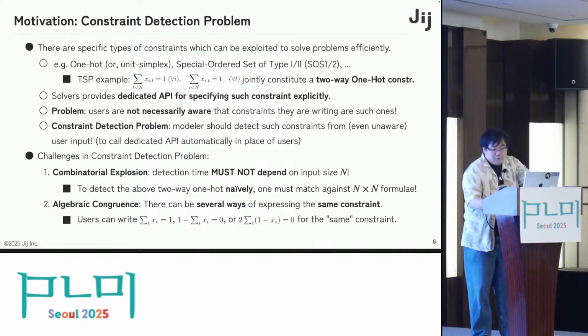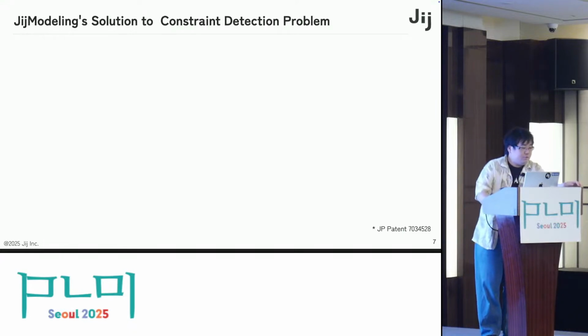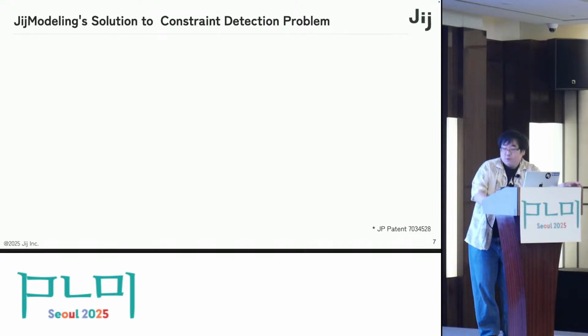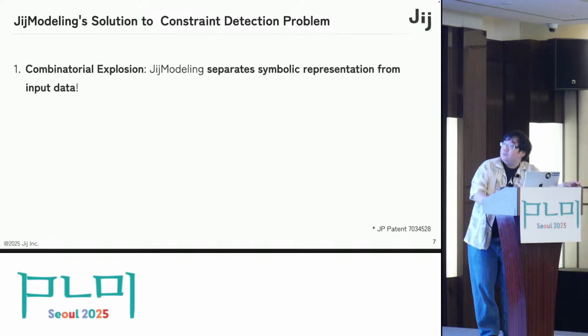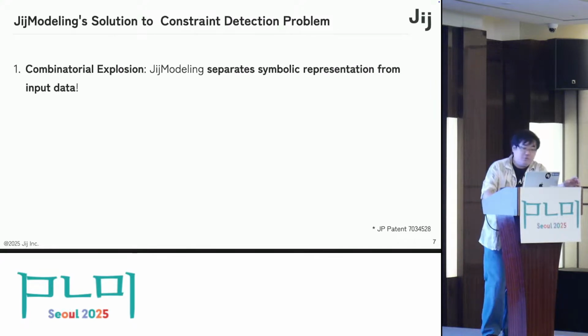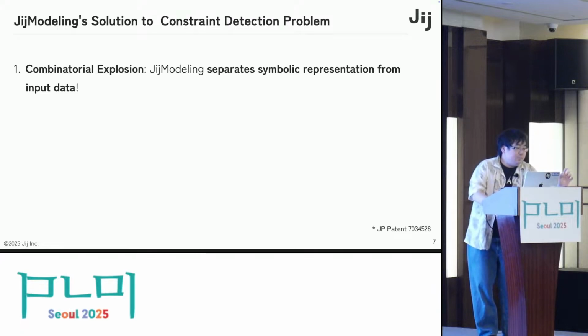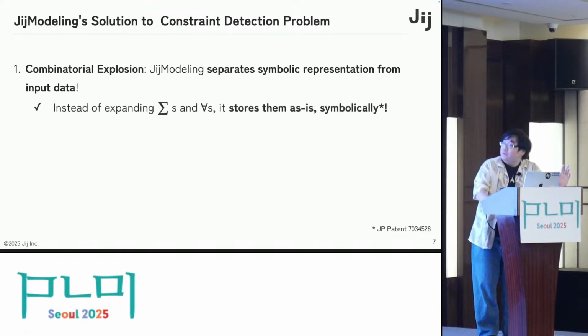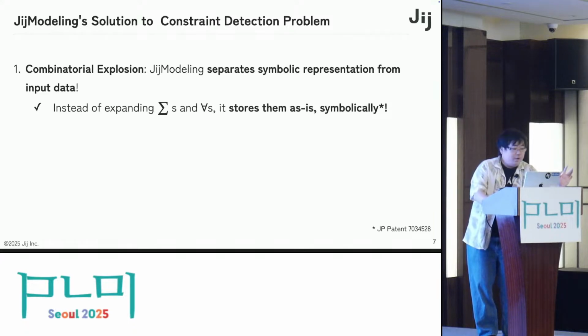equally. So how does JijModeling solve these problems? For the first point, the combinatorial explosion, JijModeling separates symbolic representation from input data. Instead of expanding summations or for-all constraints, it stores them as is, symbolically.